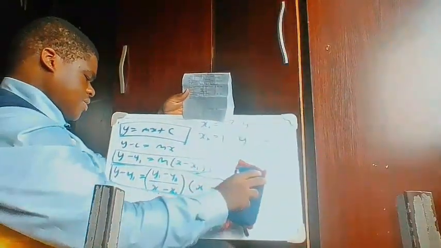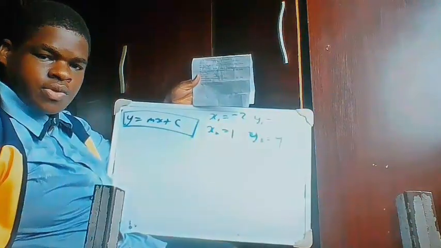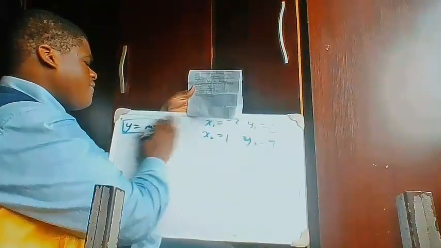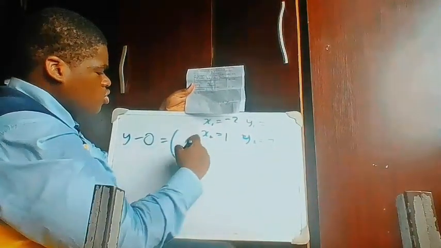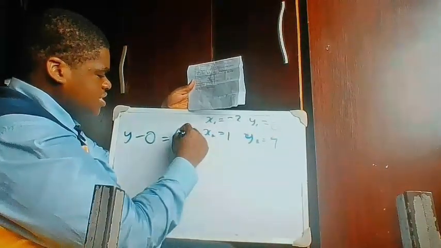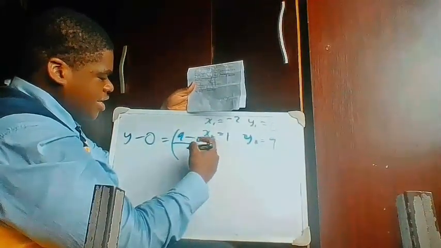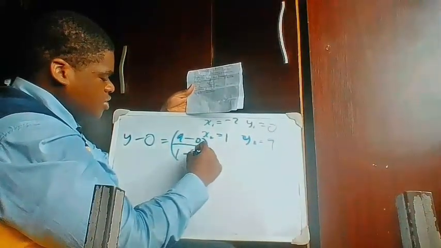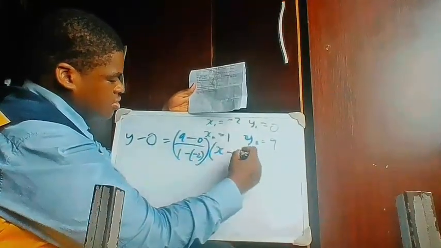I believe you have written that down already. So we can use our formula: y minus y1, y minus 0, is equal to y2, 9 minus y1, 0, divided by x2, 1 minus -2, times x minus x1, x minus -2.